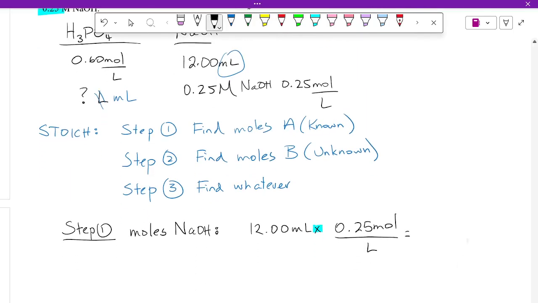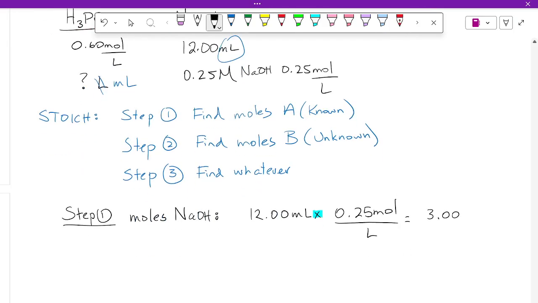And that gives us 12 times 0.25, what's a quarter of 12? 3. So 3.0 millimoles of NaOH. Step 1, find moles of A.